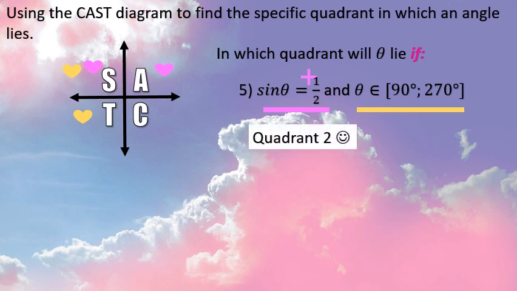Now I would like you to just take note. I know the instruction of this example doesn't require you to make a sketch. All I asked of you was to tell me in which quadrant theta would lie. But what if I challenged you? What if I said, sketch a triangle in that quadrant that would represent theta?